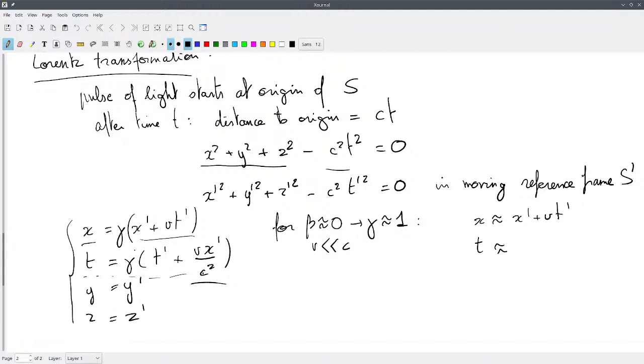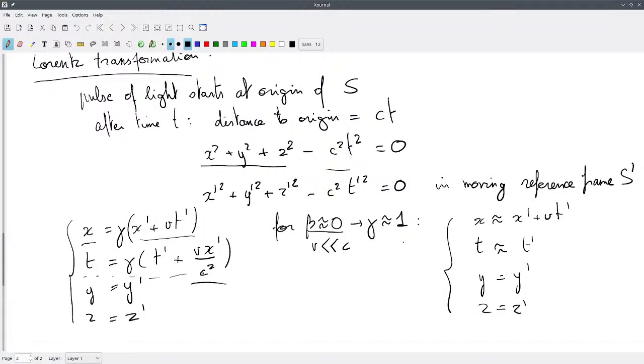Gamma will be approximately 1, so we're just going to have t prime there. And then v is much less than c, and it's certainly going to be much less than c squared, so we're just going to ignore the second term, and then y is y prime, and z is z prime. So at very low velocities, we get something that looks like the original Galilean transformation.